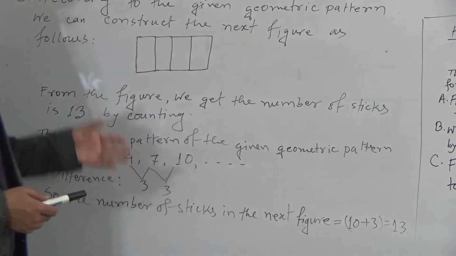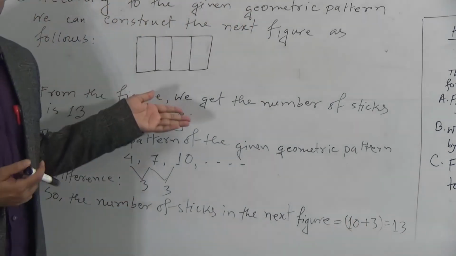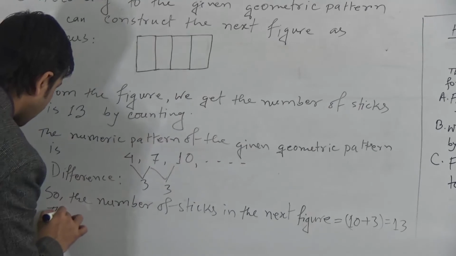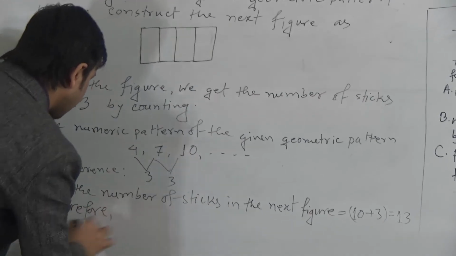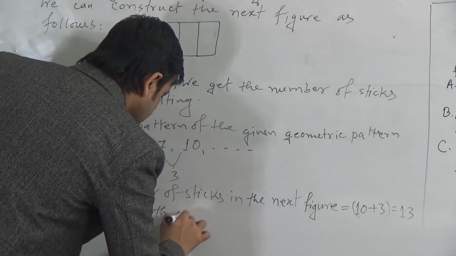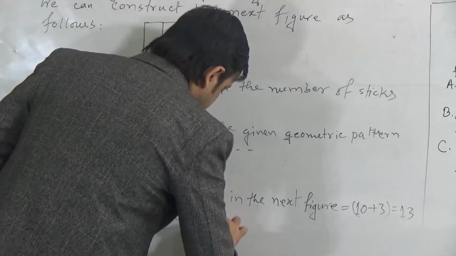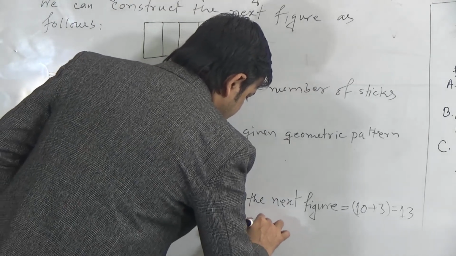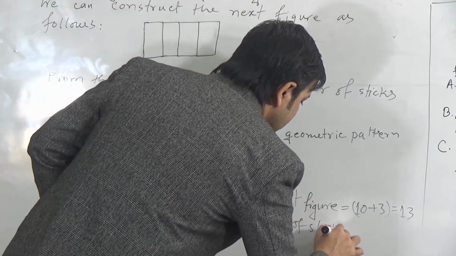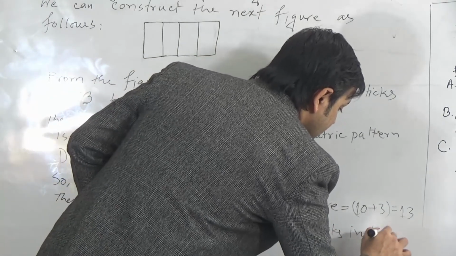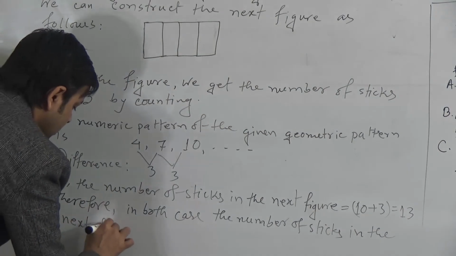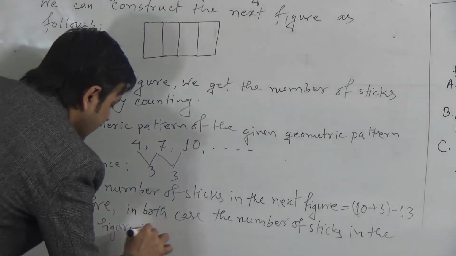So we can say in both cases the number of sticks in the next pattern is same. This is verified. Therefore in both cases the number of sticks in the next figure is same.